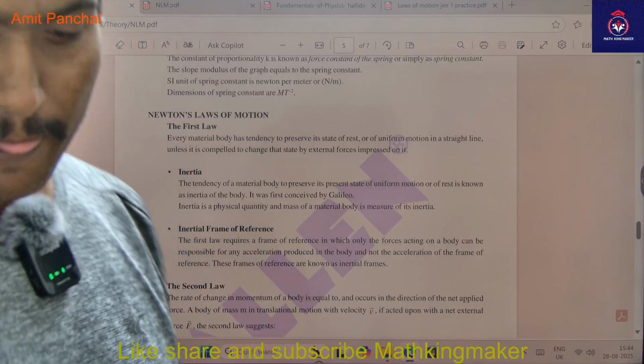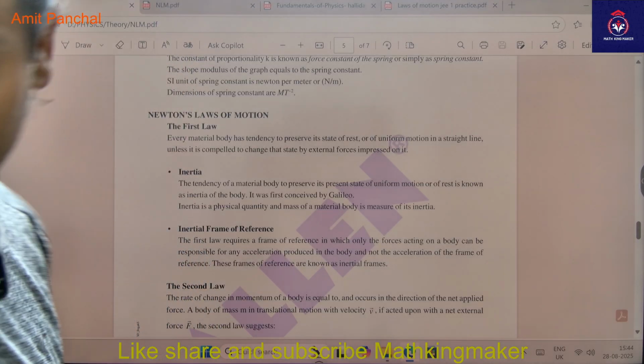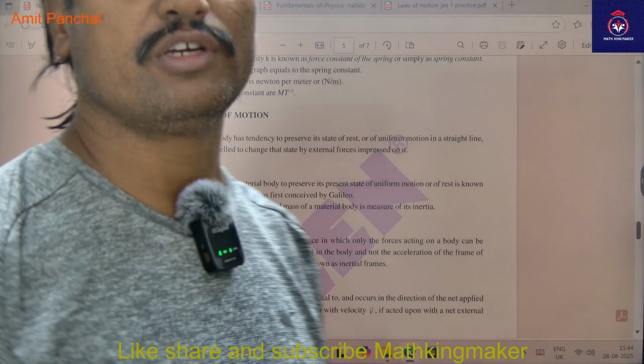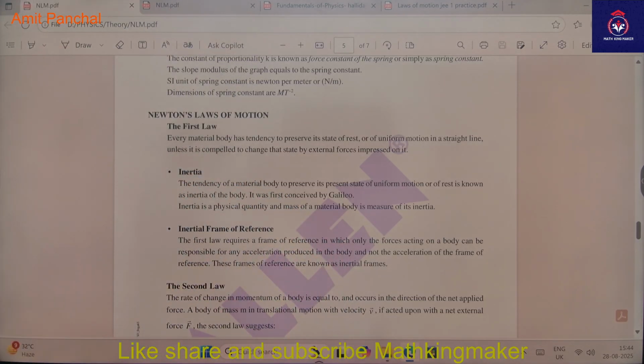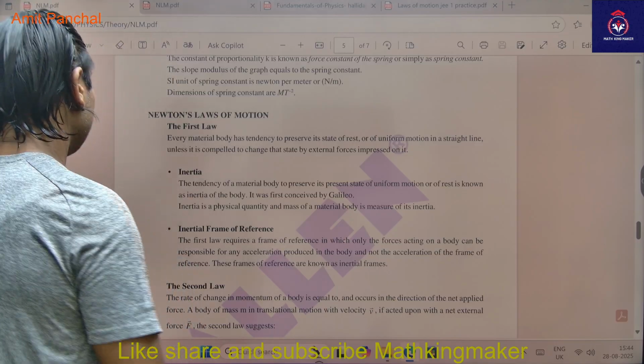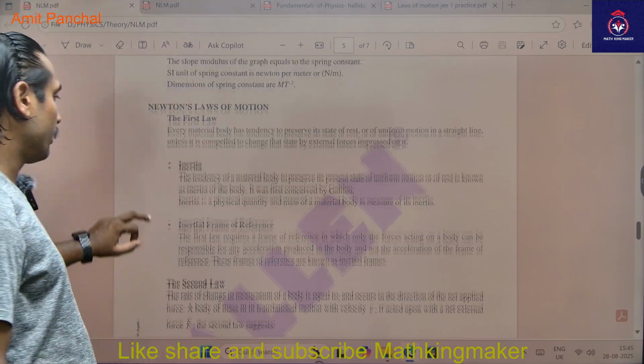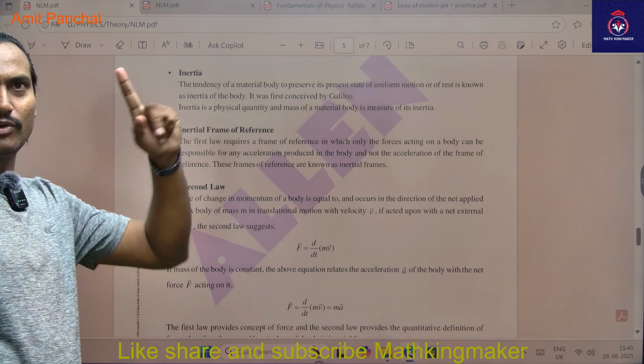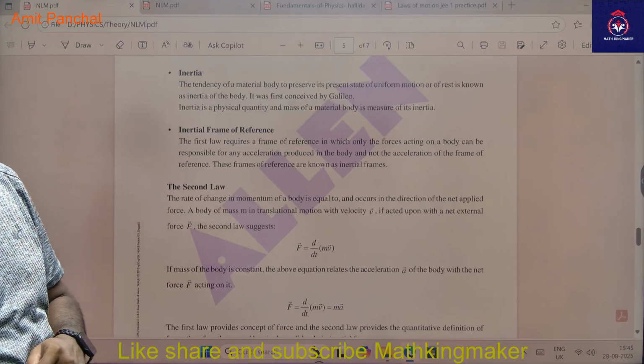So for different bodies, we have different inertias. The inertial frame of reference I told you yesterday.